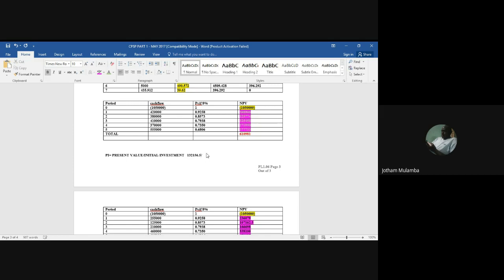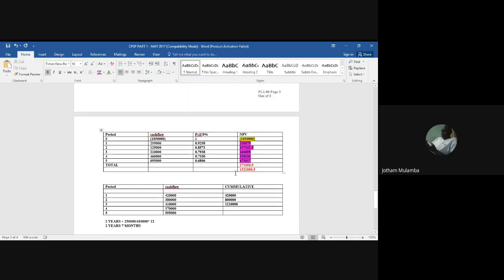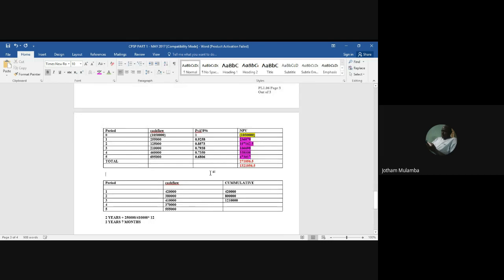We divide by initial investment, which was 1,050,000. What figure do we get? 1.26. Thank you. We'll move on to the second project.